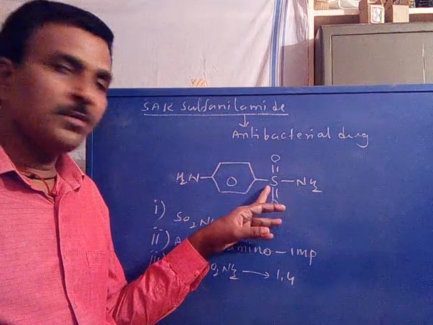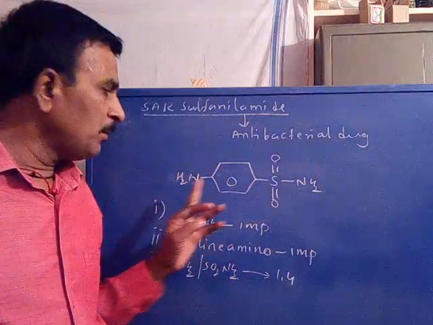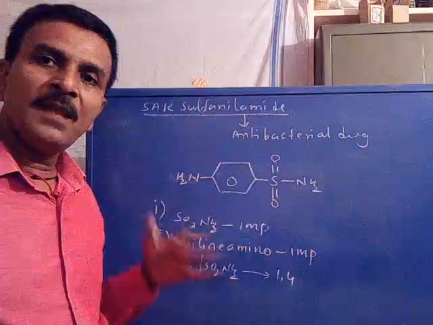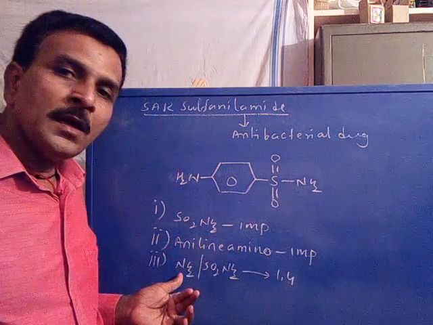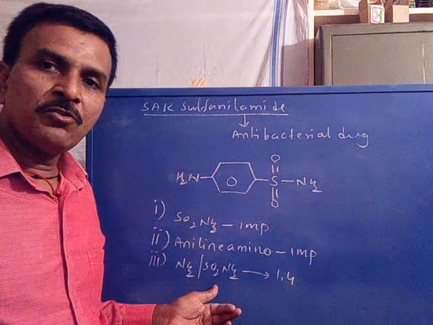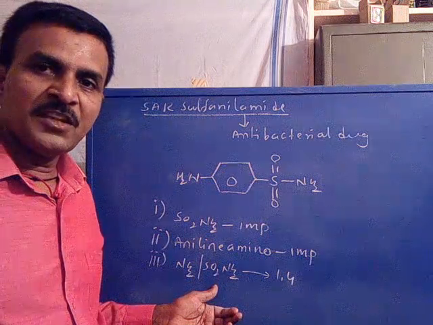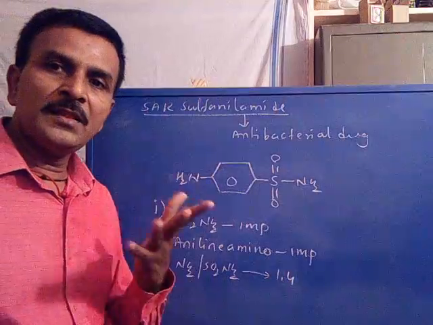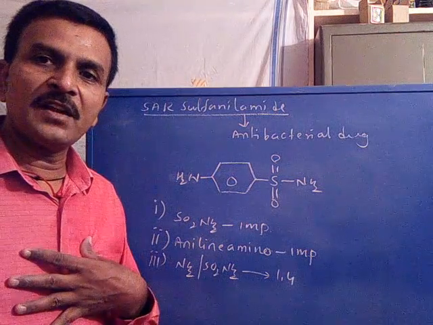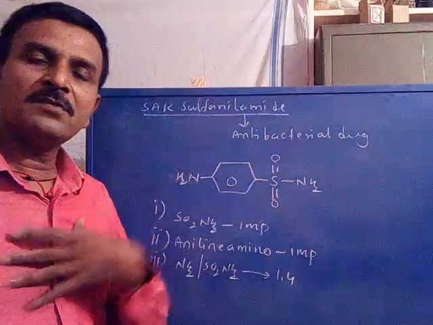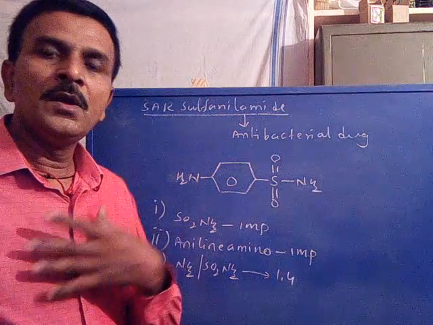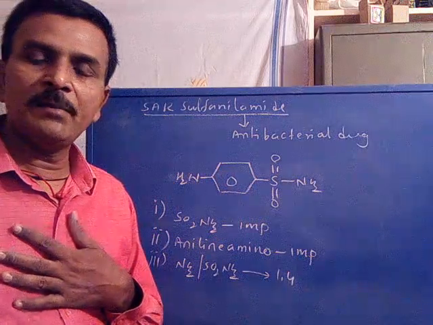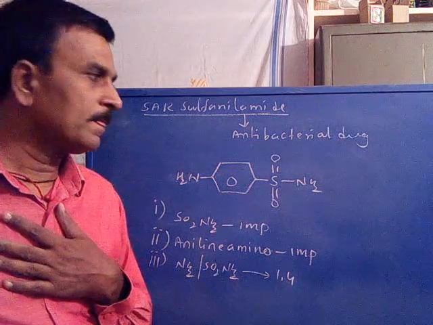That indicates the SO2NH2 group is essential. Removal of the aniline amino group also loses its activity. Therefore it is essential. The NH2 and SO2NH2 groups must be para with respect to each other. If we change their positions from 1,4 to 1,3 or 1,2, it may lose its activity. So the two substituents NH2 and SO2NH2 on the benzene ring must be para for its antibacterial activity. Is it clear?